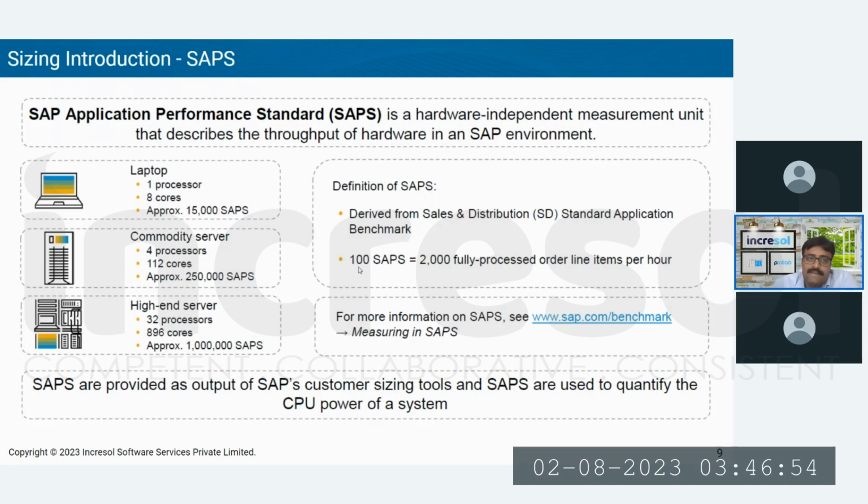Based on these SAPs, we'll come to know the number of CPU cores required. For example, an 8-core processor CPU can approximately cater to 15,000 SAPs. In case of a very big server or a commodity server, the SAPs to core relation will vary. So as a customer or a support service partner, the job is to understand the number of SAPs required, and pass that information to the hardware vendor.